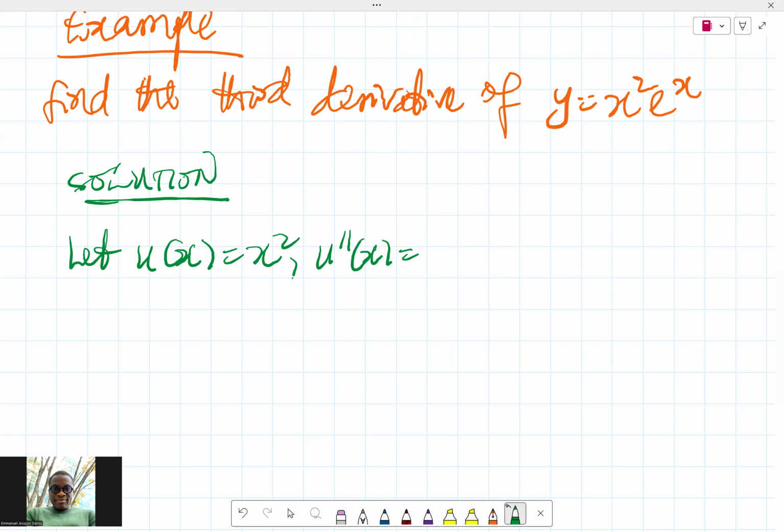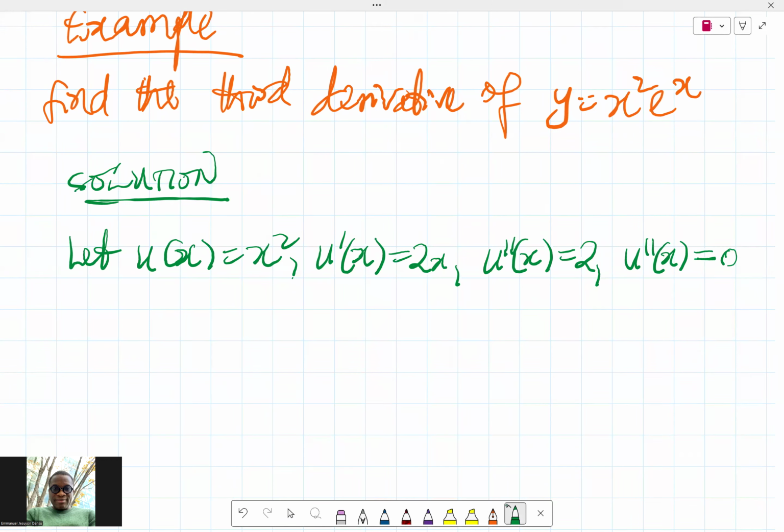First derivative: when you differentiate x squared, you get 2x. Then the second derivative, when you differentiate that, you get 2. And then the third derivative: when you differentiate 2, being a constant, you get 0.